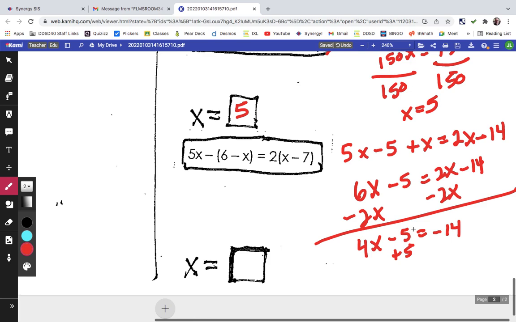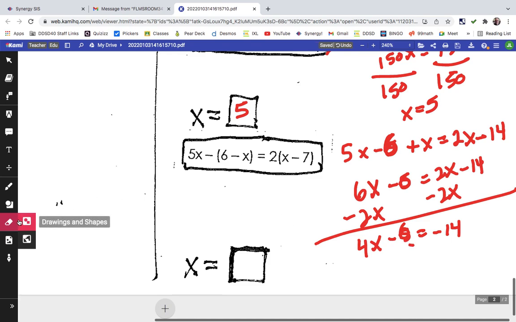Let's see, I think there's an error in here somewhere. It's the 6. Yes, this is 5x minus 6 right there. There we go. And this is a 6 right here. So that means this is a 6, and I'm going to add 6. There we go. Let's fix that. Just a little typo. All right. So we're going to add 6.